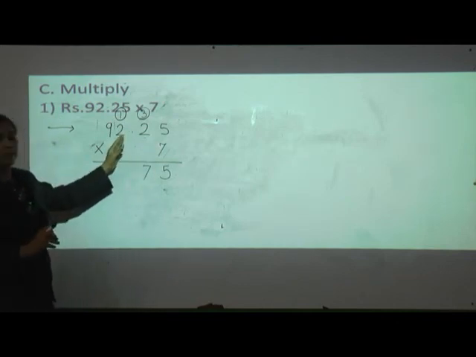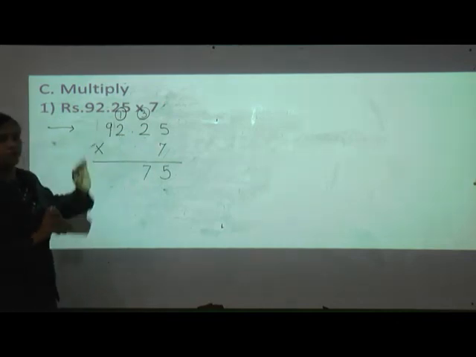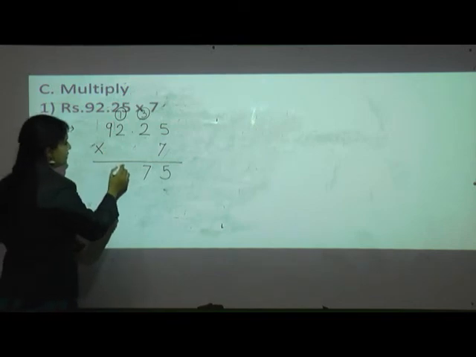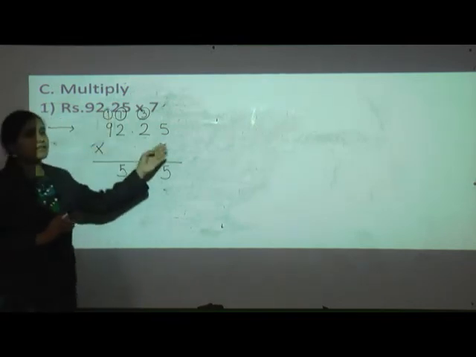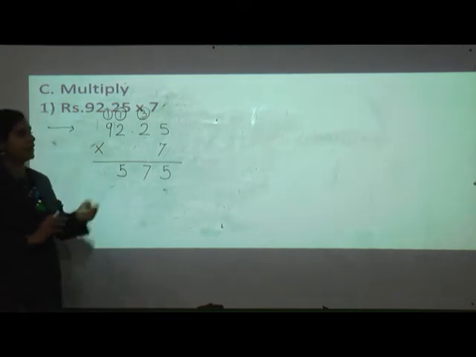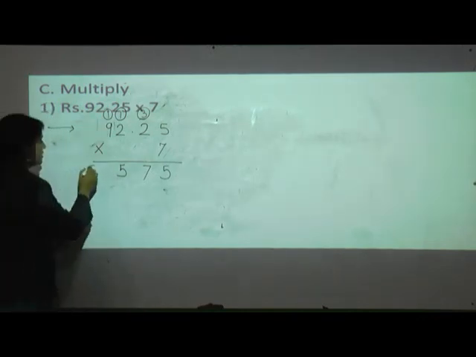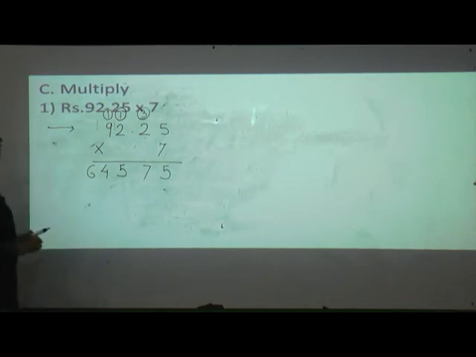Again 7 multiplied by 2, 14 and 14 plus 1, 15. So that's why write here 5 and here carry 1. 9 sevens are 63 and 63 plus 1, 64. Now I just now told you about the decimal point.